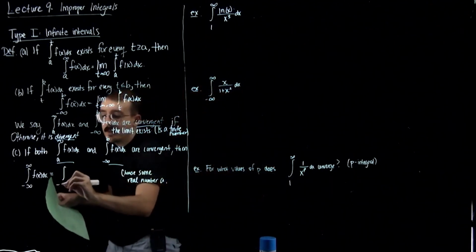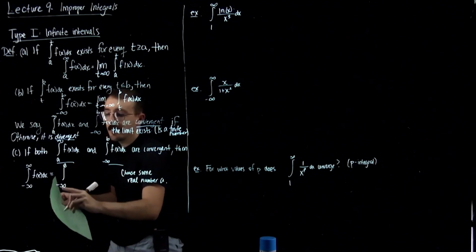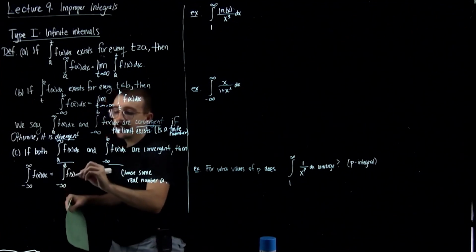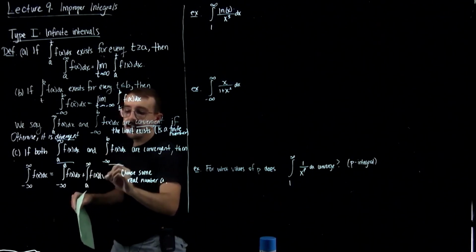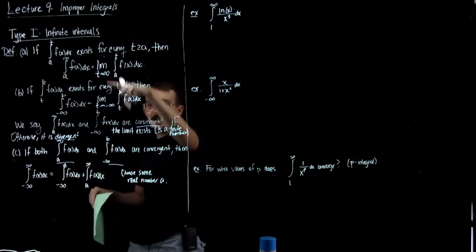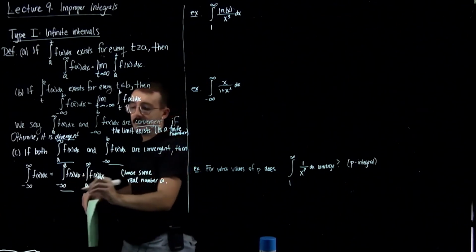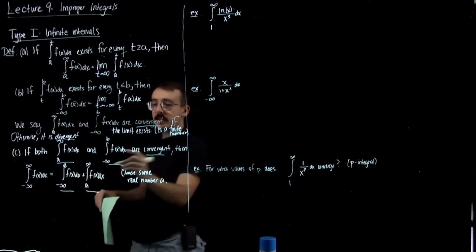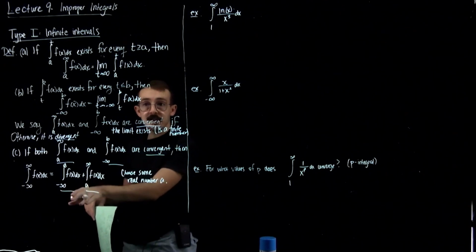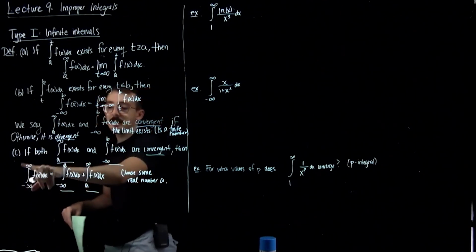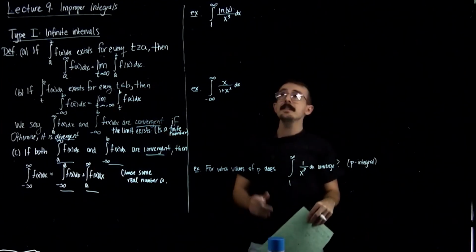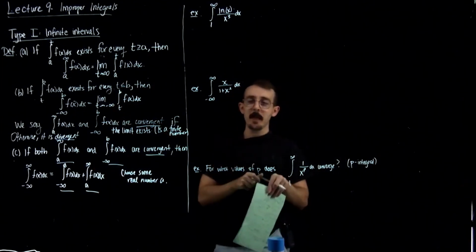And then we would split these up into the integral from negative infinity to a of f of x dx plus the integral from a to infinity of f of x dx, where you would go back to the definitions here to figure out what each of these are separately. And if both of these are convergent, and they both must be convergent, then that's what the integral from negative infinity to infinity equals.